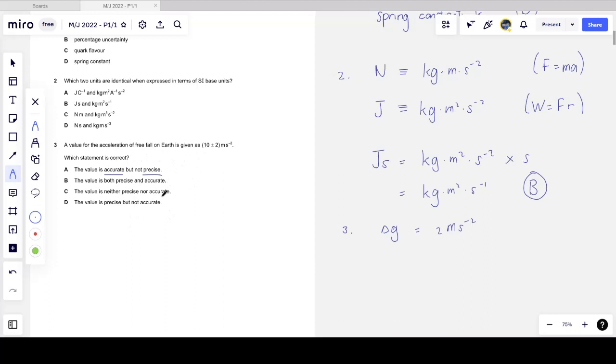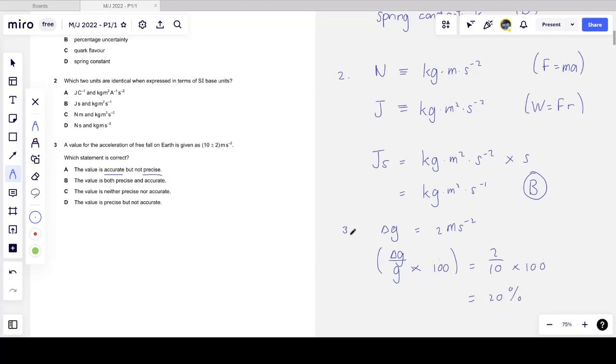And so to test the accuracy or the precision of an answer, again, I don't need to do this, I can just tell, but if I find the percentage uncertainty in this value, delta g over g times 100, I get 2 over 10 times 100, which is a percentage uncertainty of 20%.